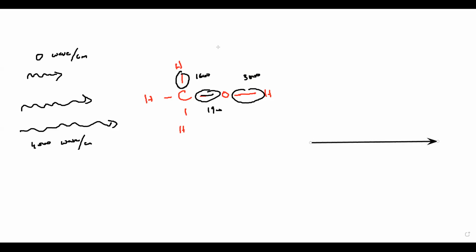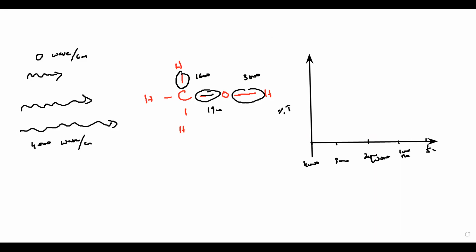So as a result, when we sketch the graph, we have the percentage transmittance on the y-axis and the wave number on the x-axis, and the scale starts with a higher value. For example, 4000, then 3000, then 2000, then 1000, then 500, and then 0.